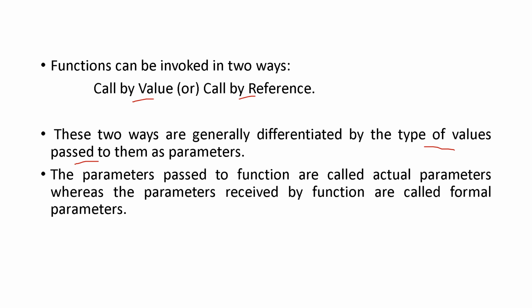That is, if values are being passed as parameters, that is call by value, and if a reference or address is being passed, that is call by reference. Parameters passed to a function are called actual parameters, whereas parameters received by the function are called formal parameters.